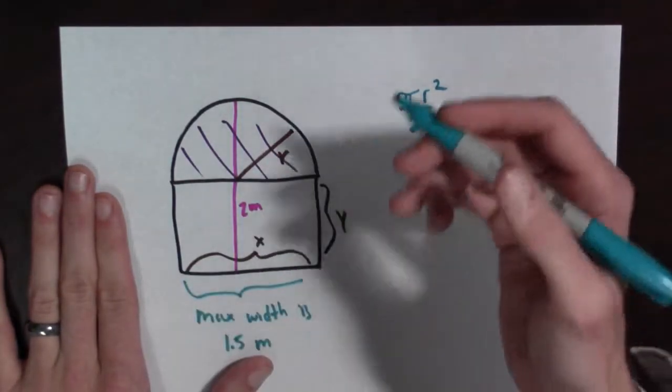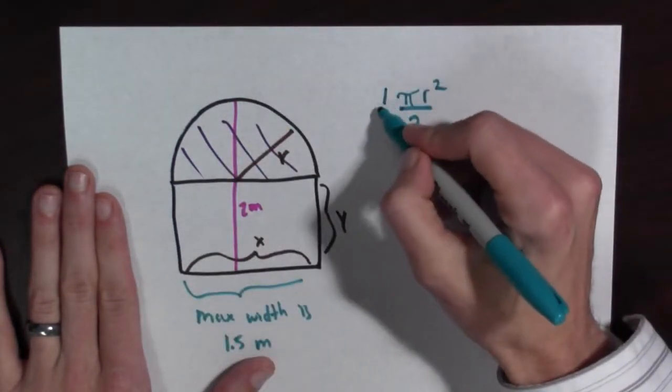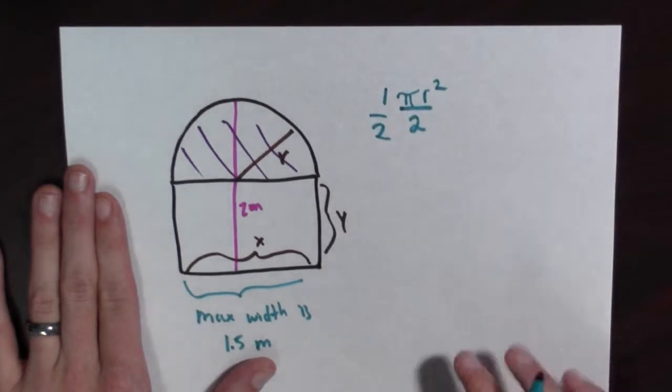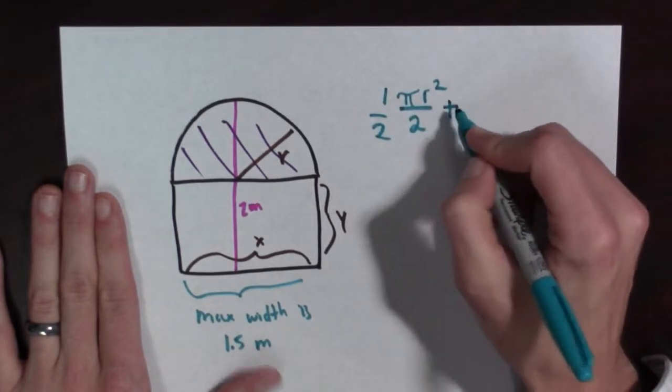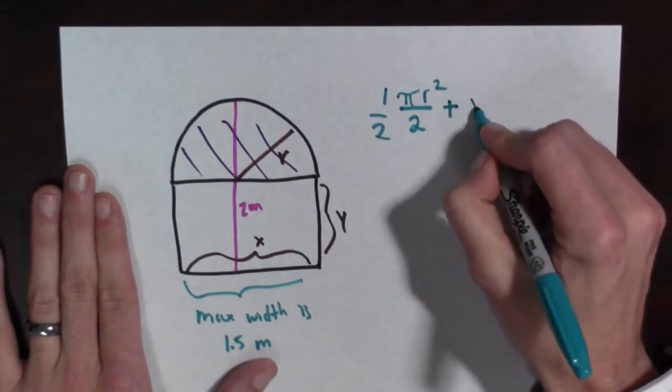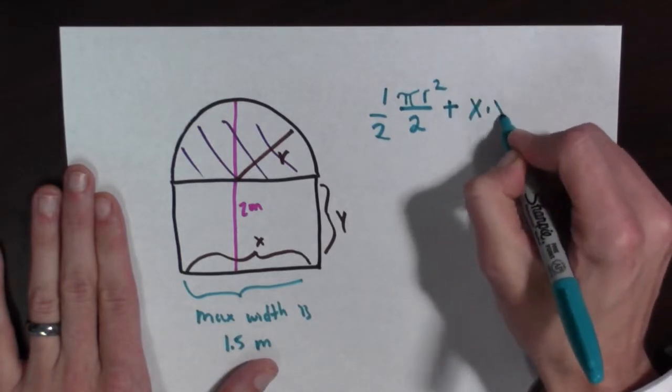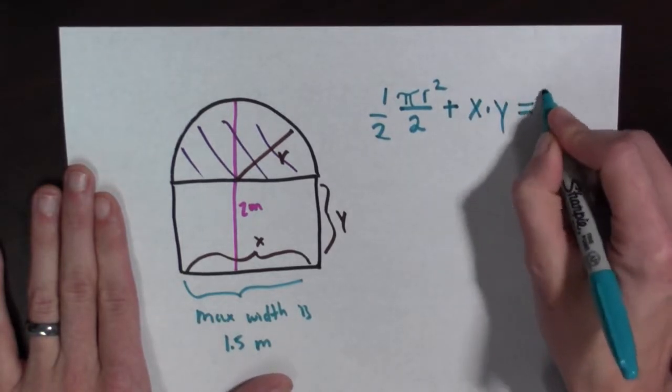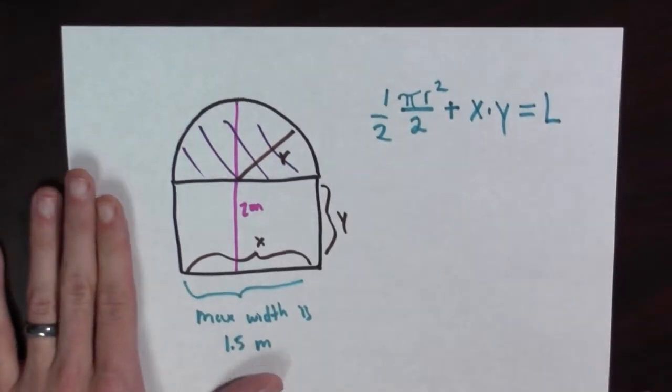And only half as much light comes through, so the amount of light is going to be 1/2 times pi r squared all over 2, plus the area of the rectangle, which is x times y, and we'll call this L for light.